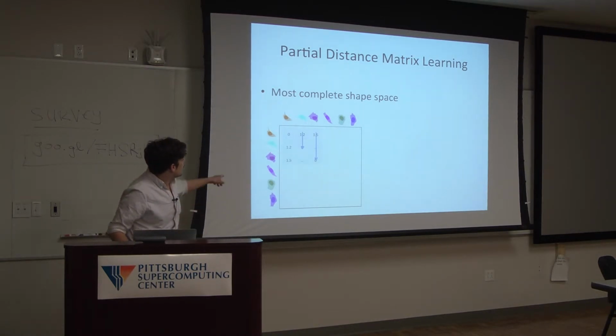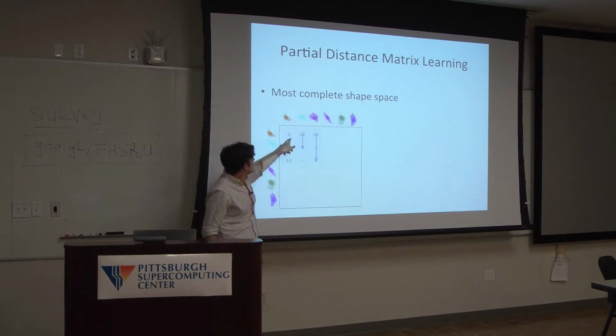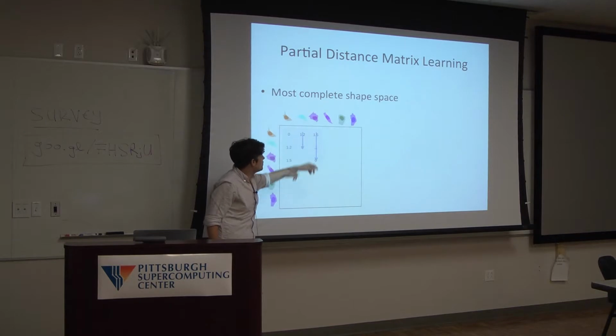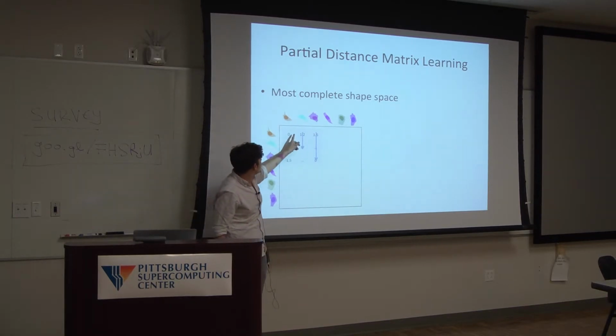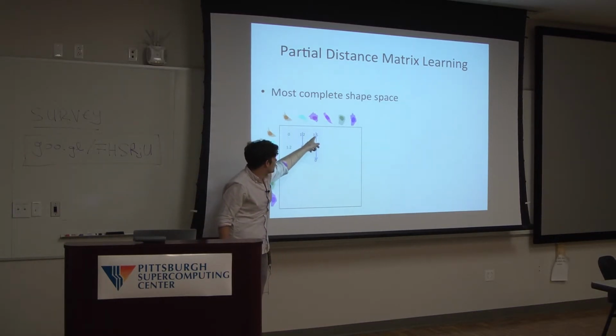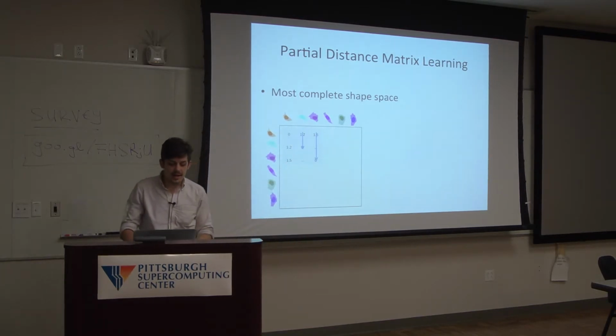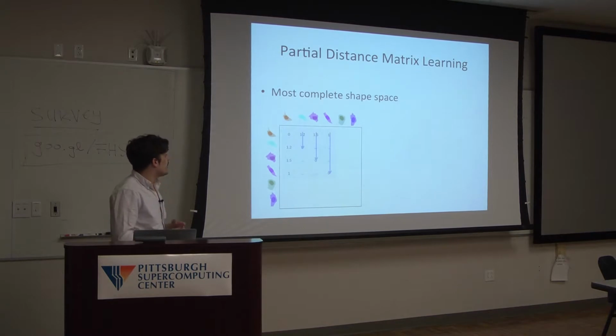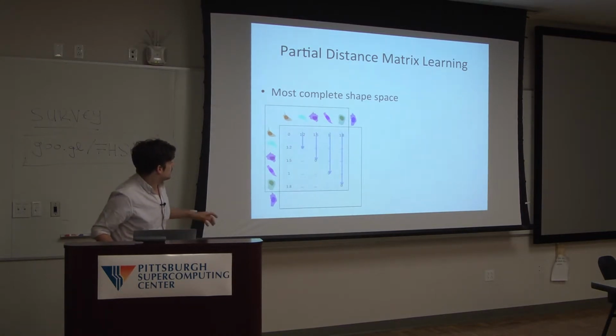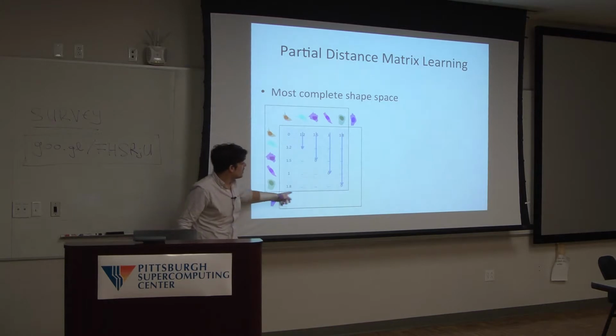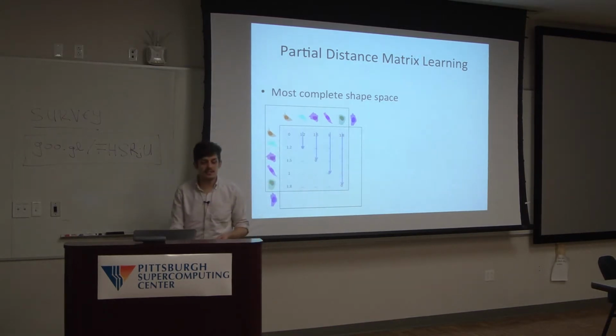So here we compute the distance between this orange cell and this turquoise cell. And then we compute the distance between the orange cell and this purple cell, and then the turquoise cell and this purple cell. And although we are training on a subset of the data, this gives us a complete and valid distance matrix. So this would be the valid region of this distance matrix.